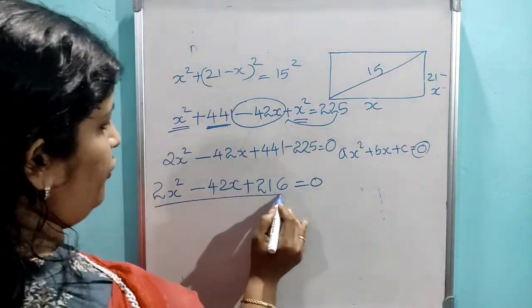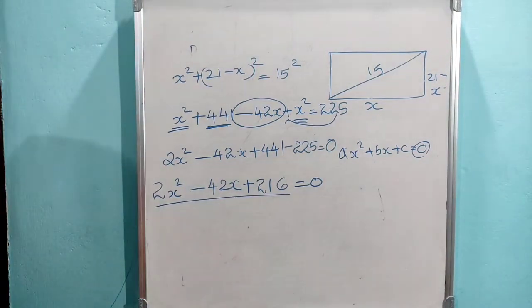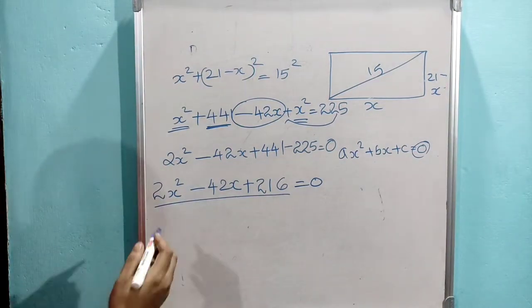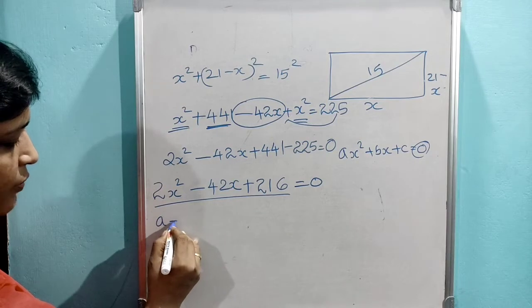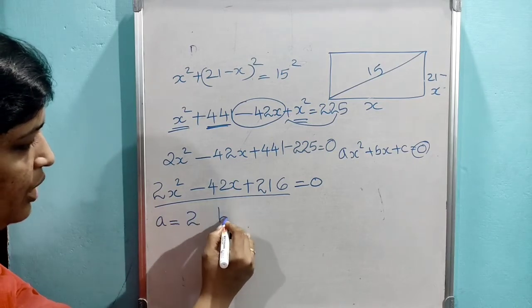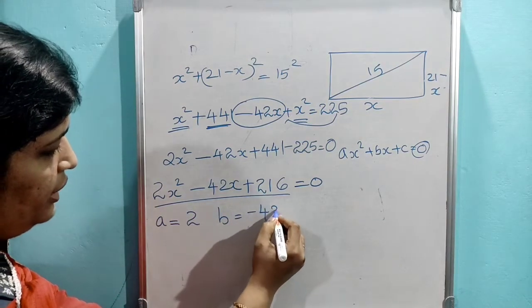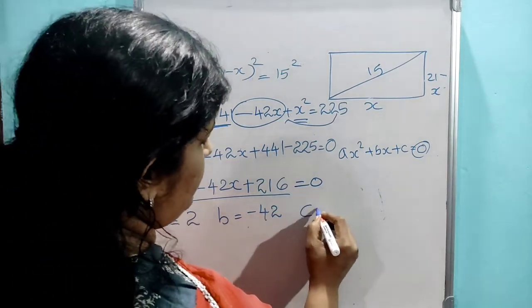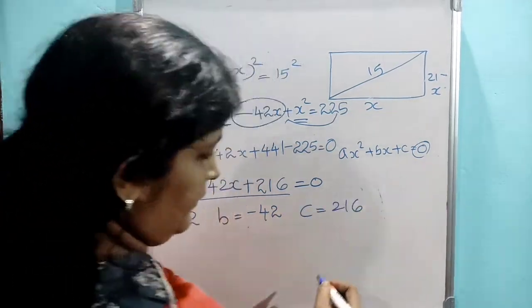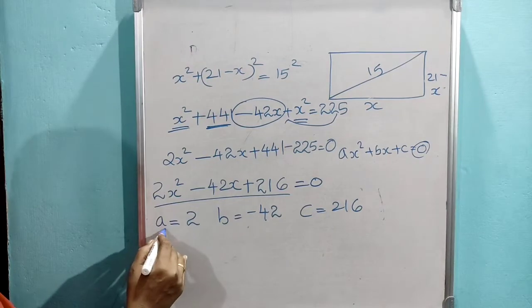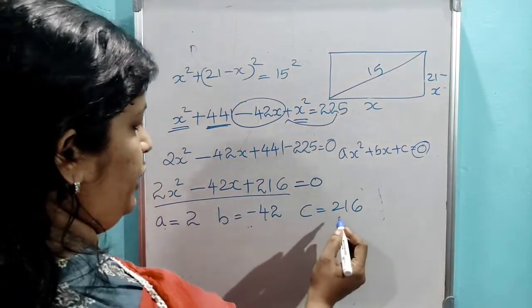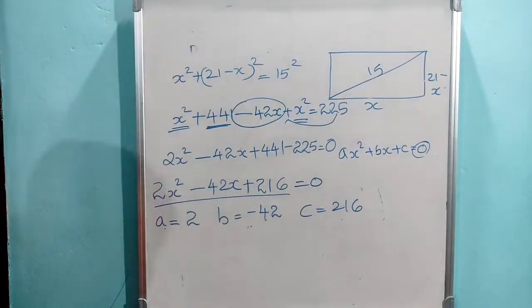So this is now in the form of a general second degree equation equal to 0. Let us solve this. Let us write A, B and C: A is equal to 2, B is equal to minus 42, and C is equal to 216.